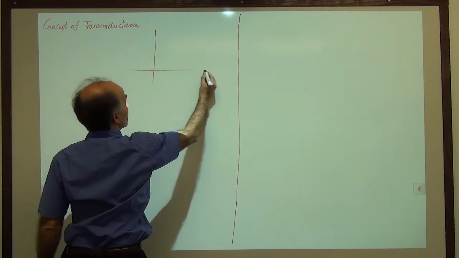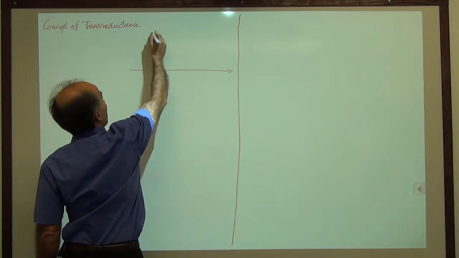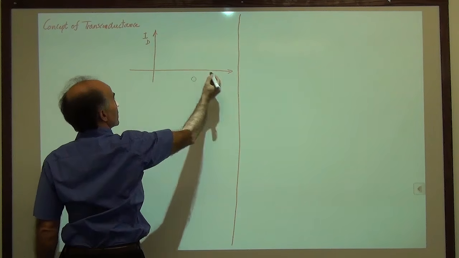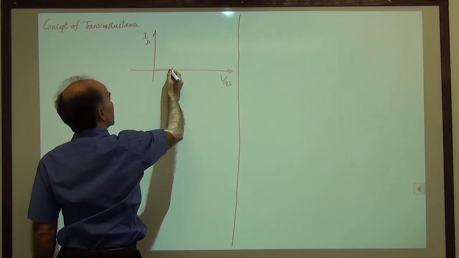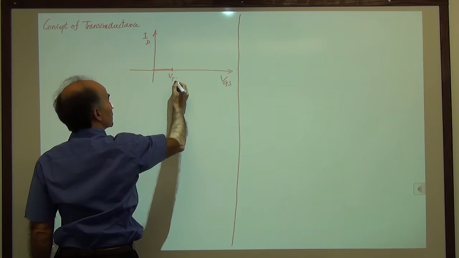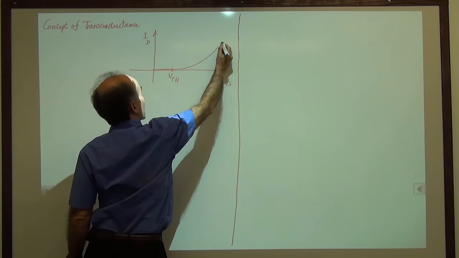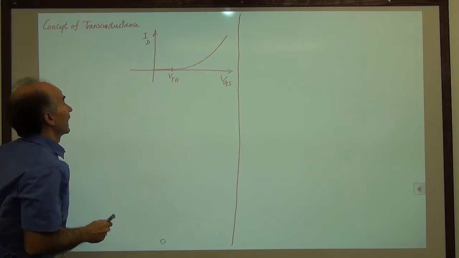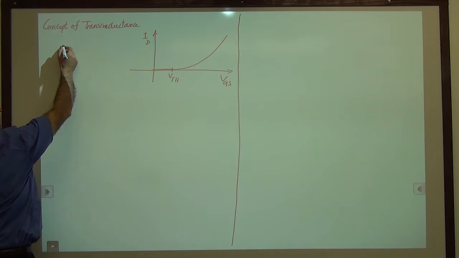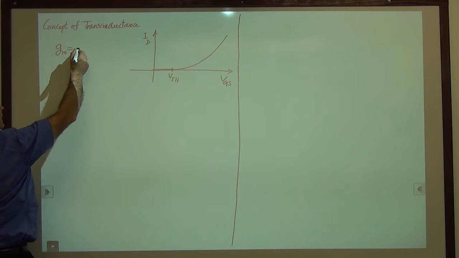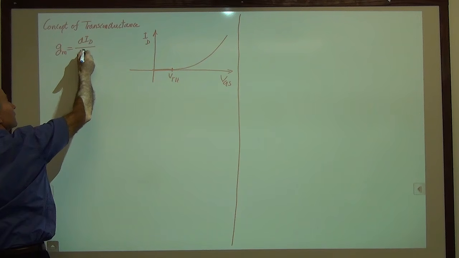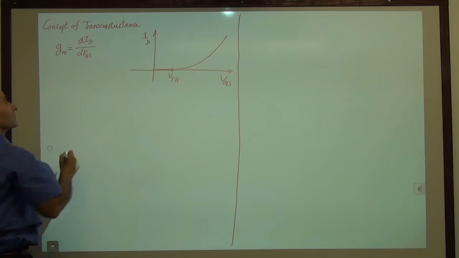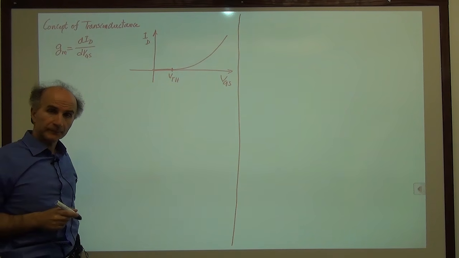Okay, here's what we are thinking. So we have ID versus VGS. And we go up to one threshold. Beyond that, we go up quadratically. And we define officially the transconductance, which we denote by g sub m, to be the derivative of ID with respect to VGS.